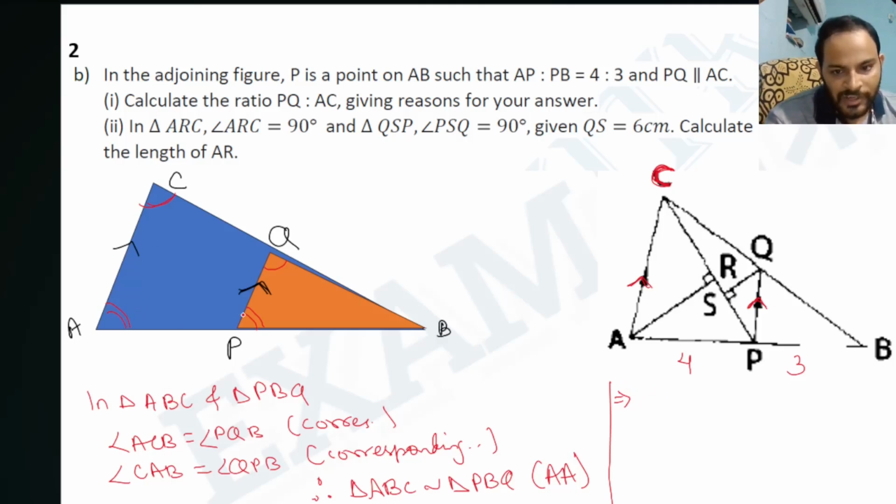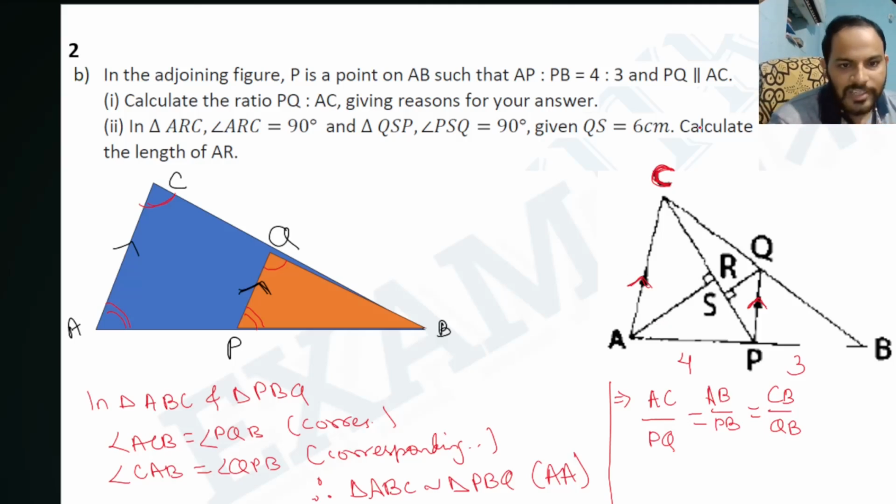AC is corresponding to PQ, AB is the corresponding side of PB, CB is corresponding to QB. So the ratio will be AC upon PQ, AB upon PB, and that is equal to CB upon QB. Now see what is given to us.